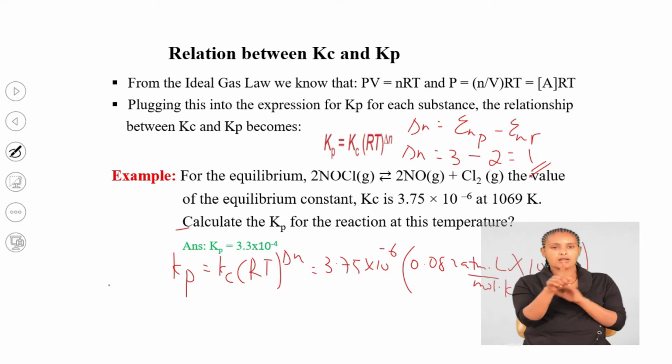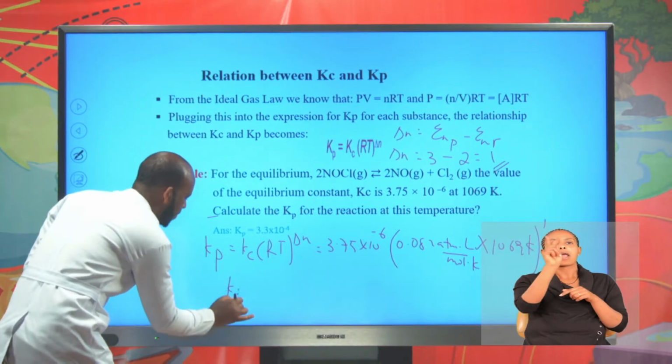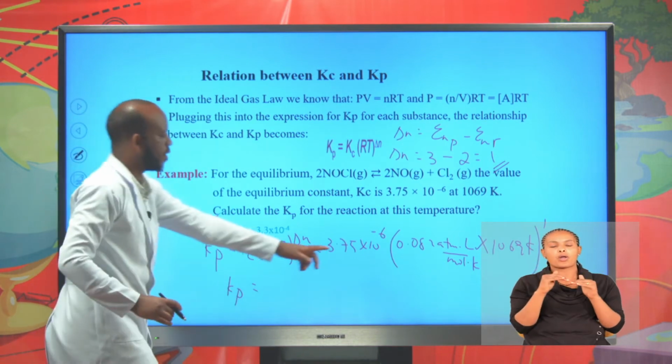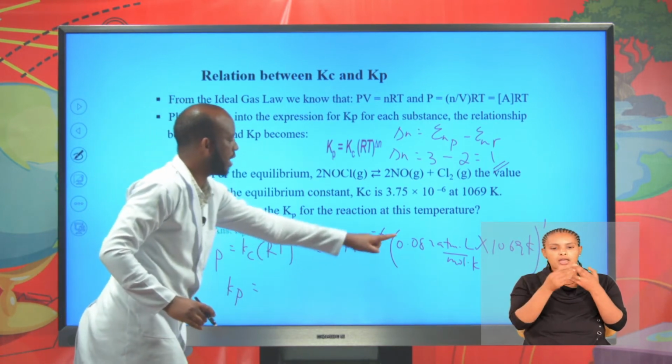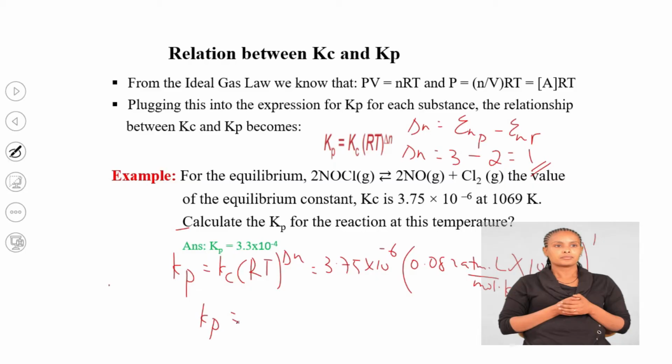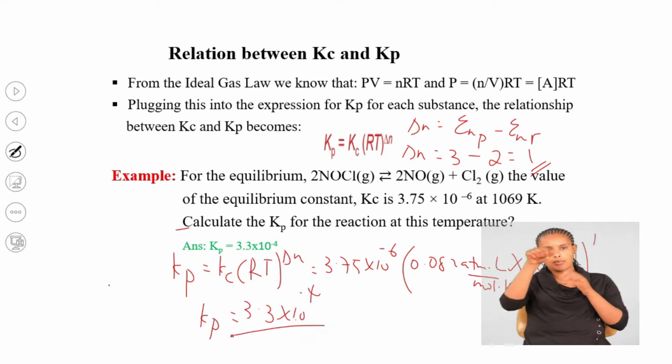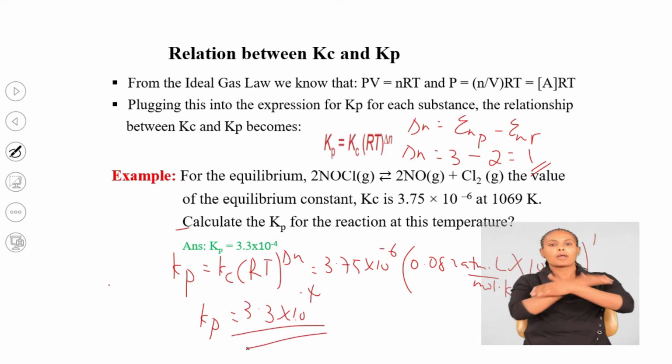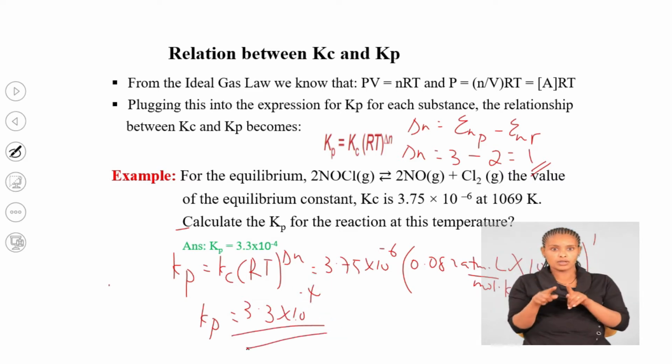Therefore, this is to the power of 1. Now Kp equals 3.75 times 10 raised to minus 6 times this times 1069, which is 3.3 times 10 raised to minus 4. This is the equilibrium constant in terms of Kp.